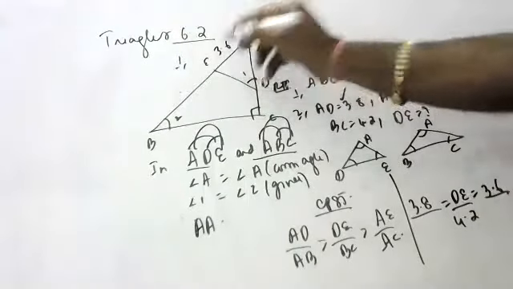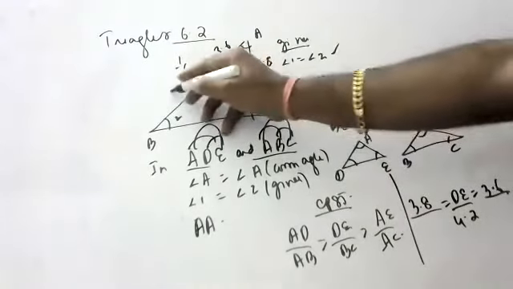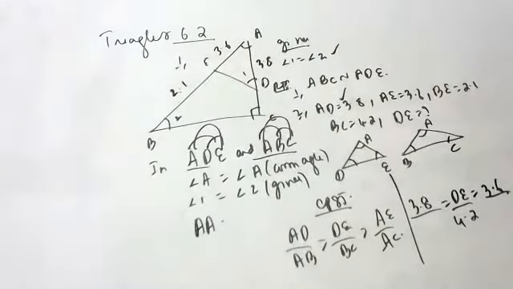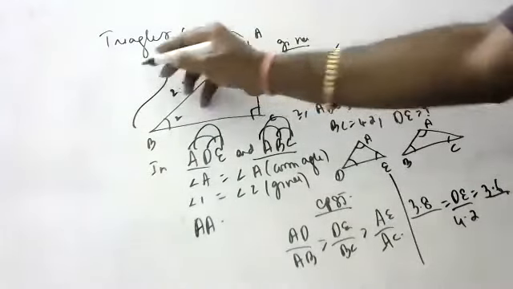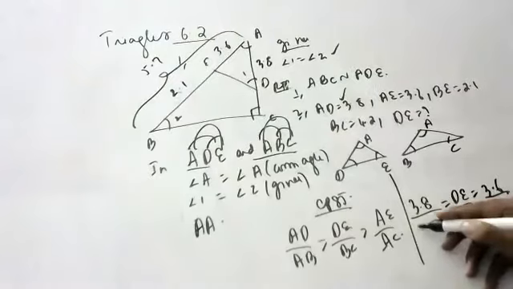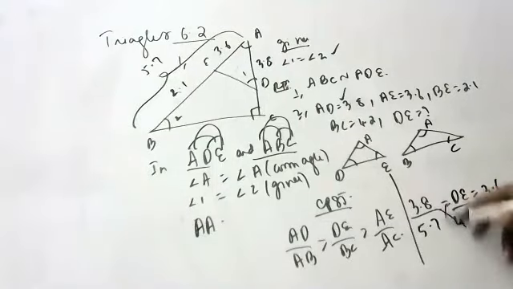Okay, let's write here, children. This is 3.6 and AD is 3.8. BE is 2.1. BE is 2.1 means what is AB, children? AB is 5.7. So now we have to find DE.